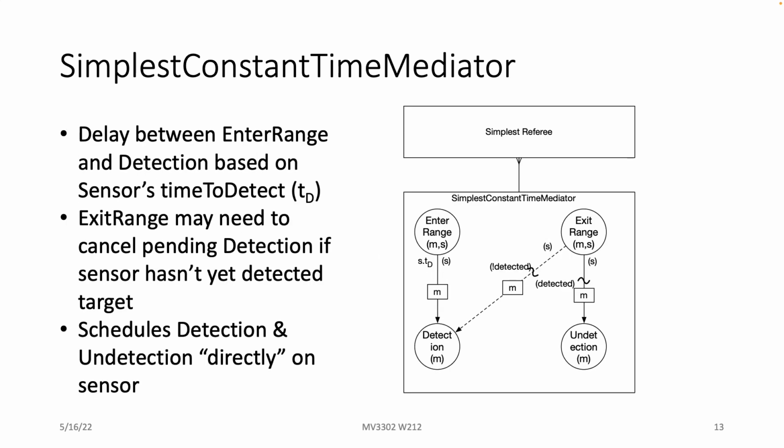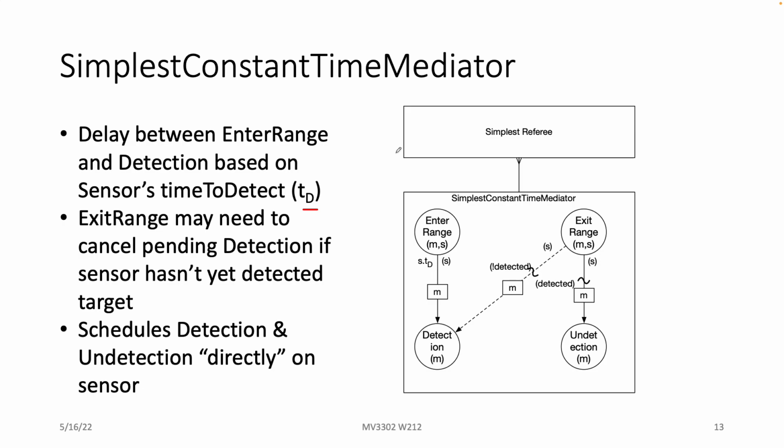Now once you start having time delays between those, a few extra little nuggets come up. So for example, in the constant time, there's going to be a delay between when we enter range and when we detect. And that's going to be based upon this parameter in the sensor, the time to detect.